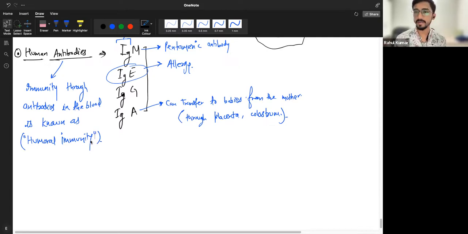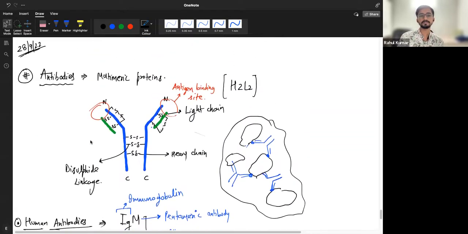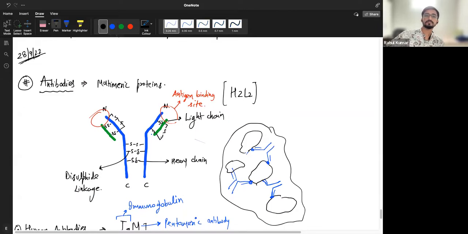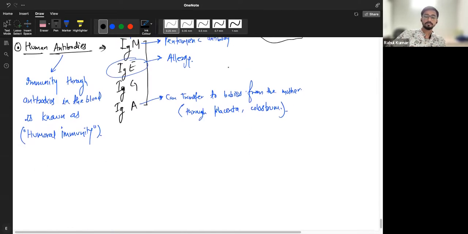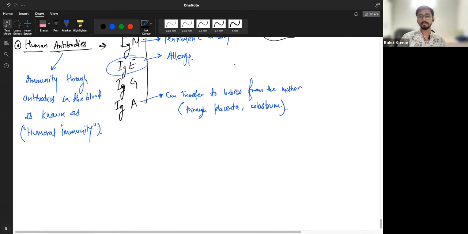Humoral means blood driven. Now this is one type of acquired immunity which works through antibodies. And which cell makes antibodies? Secreted by B lymphocytes. Is it clear? So B lymphocyte driven immunity is called humoral immunity, antibody driven immunity.